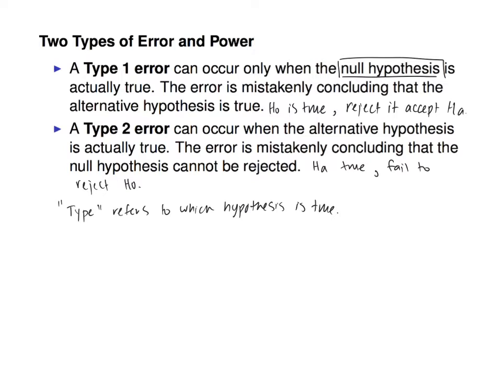When we list our hypotheses, we list H naught first and HA second, right? So hypothesis number 1 is H naught, and so a type 1 error is when H naught is true. And hypothesis number 2 is HA. So the type 1 mistake is when H naught is true, but you mistakenly reject it. Does that make sense? So that's what those types refer to, which makes them a little bit less arbitrary as definitions.